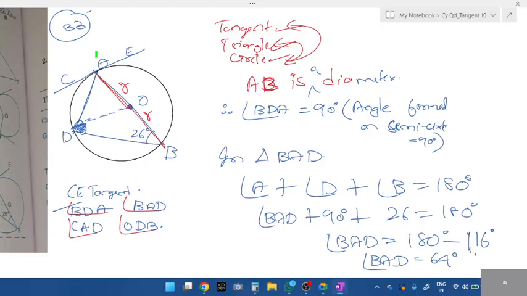Yes, answers are right. 90 degrees is correct. 64 is right. Shall we try the next one?